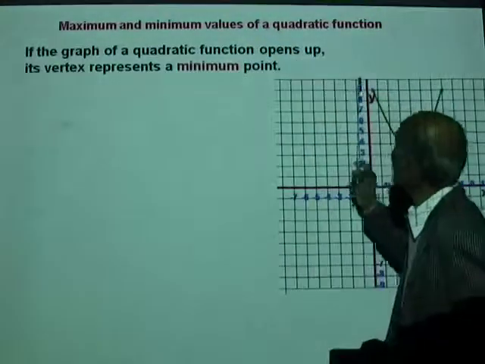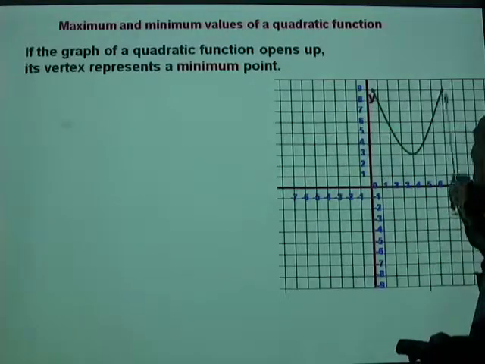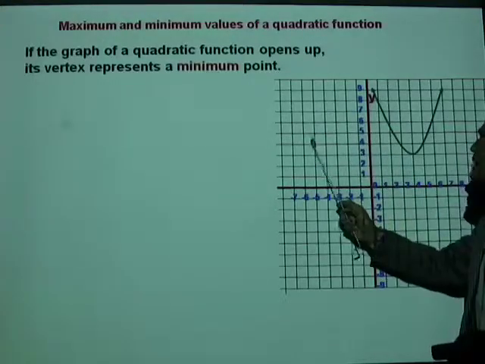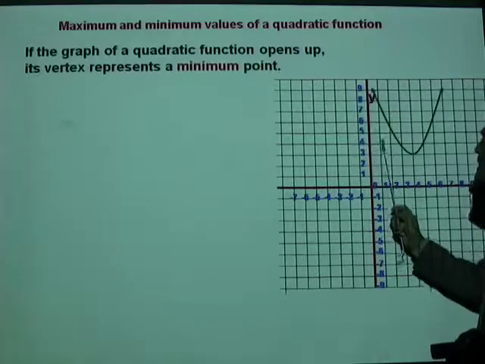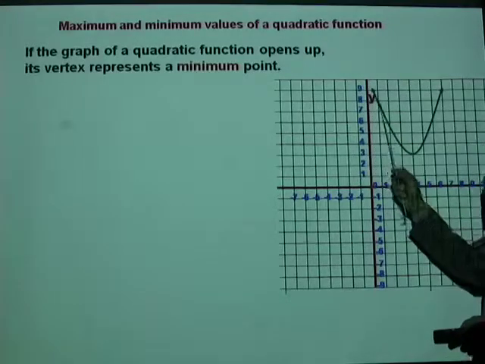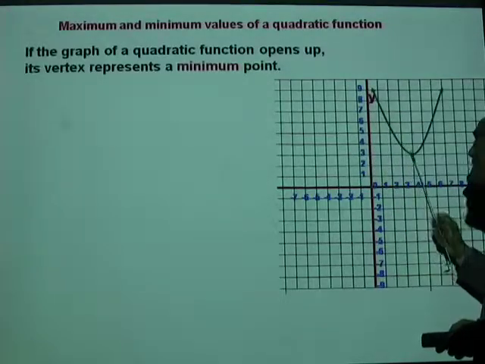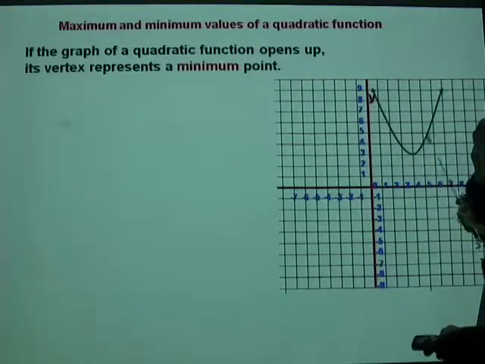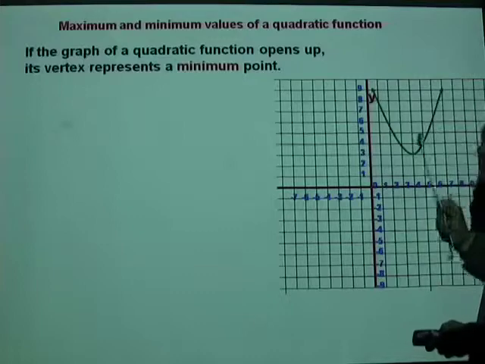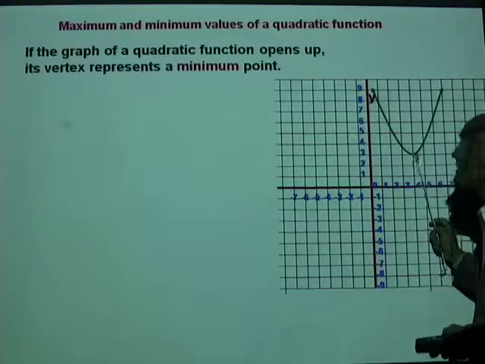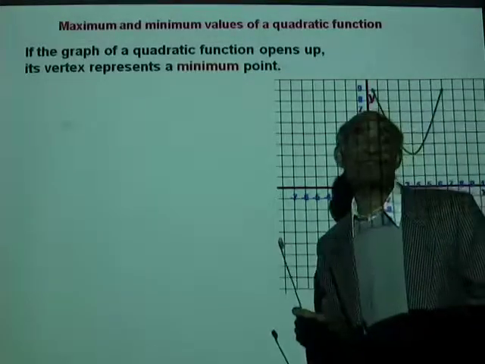Do you understand that? Well, I'm sure that is understandable. Now here we have the graph of a parabola that opens up. What happens is, as x increases from the left, the function value decreases, reaches a minimum here, and for any increase in x, the function value increases. That means here you have a minimum value for the function.